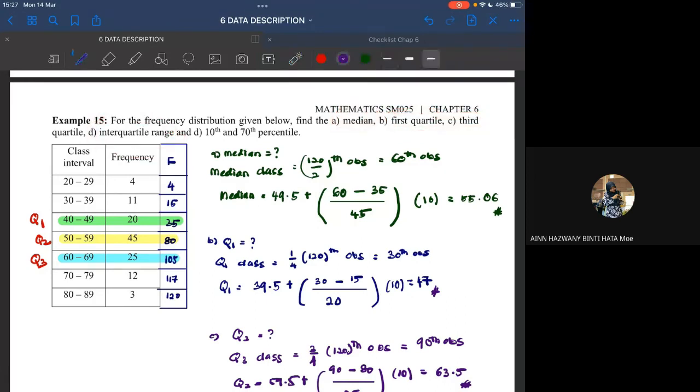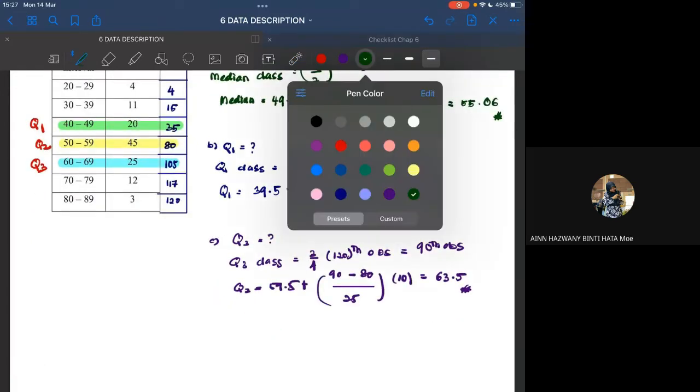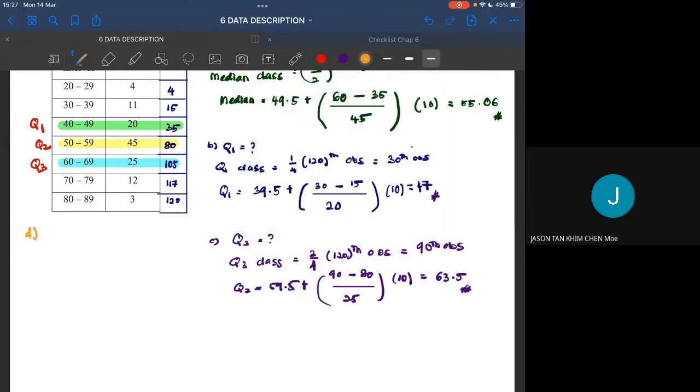D, interquartile range. Macam mana cara interquartile range? Q3 minus Q1. Yes, IQR is equals to Q3 minus Q1. So Q3 kita ialah 63.5. Q1 kita ialah 47.